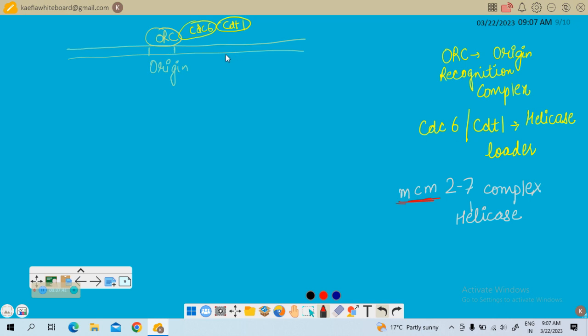So now this CDC will recruit MCM. Okay, so this was all happening in G1 phase because CDK concentration is low here. Now what will happen next? Now here forming a replication bubble.